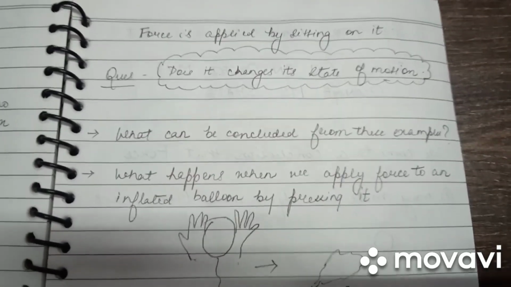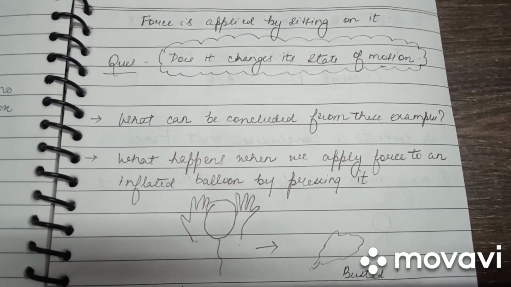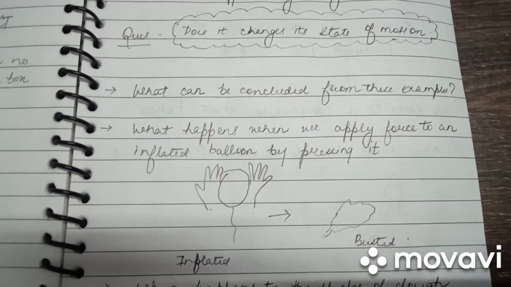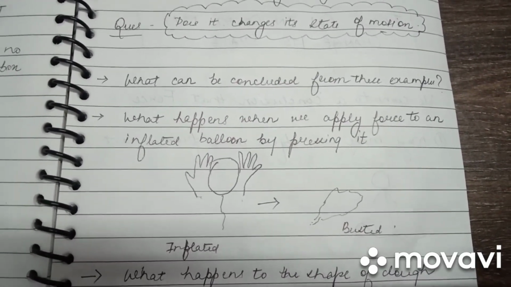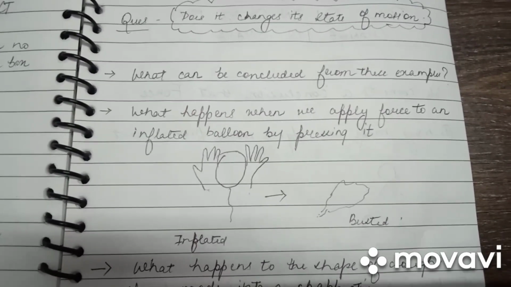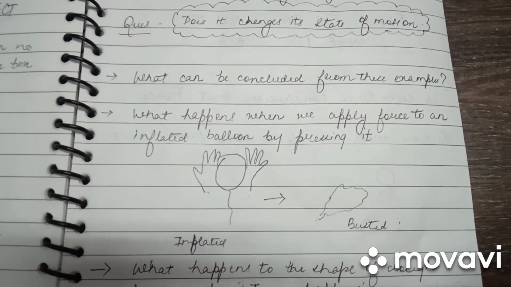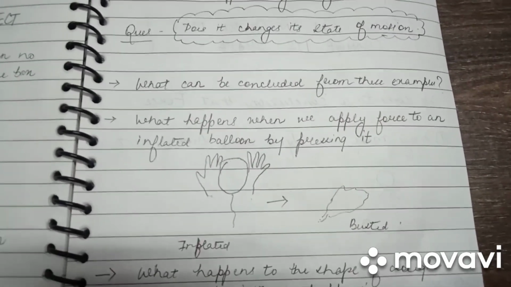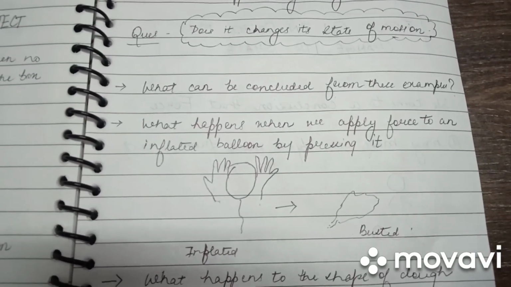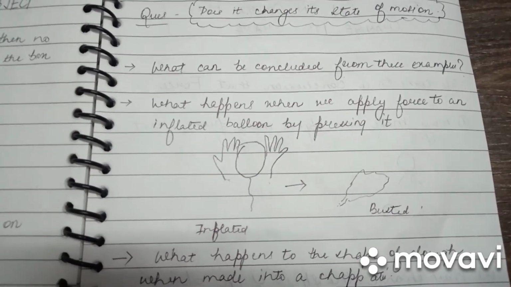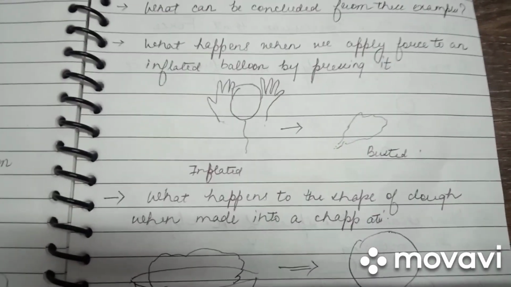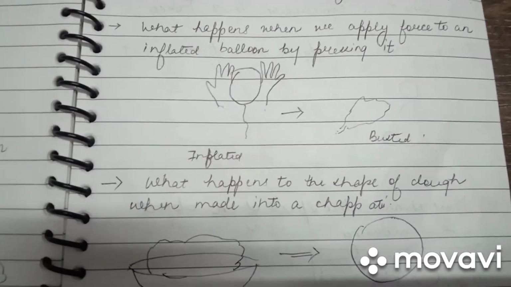What can be concluded from these examples? Let us consider a few more examples discussed here. What happens when we apply force to an inflated balloon by pressing it? Due to constant force applied by both our hands, the inflated balloon bursts at a particular point and hence does not remain in the same shape as earlier. What happens to the shape of dough when made into a chapati?